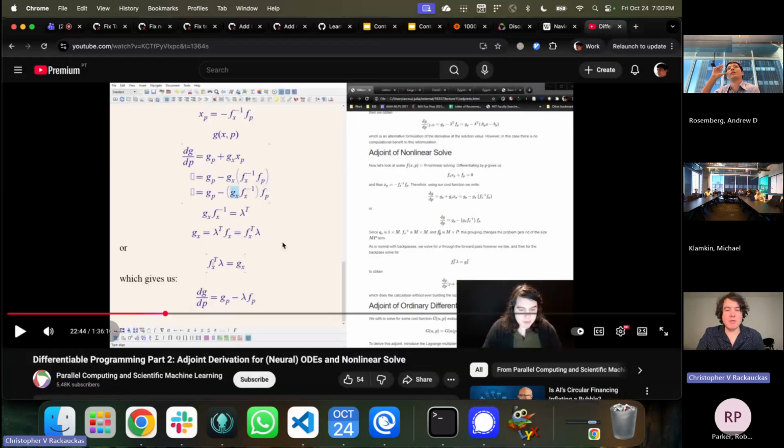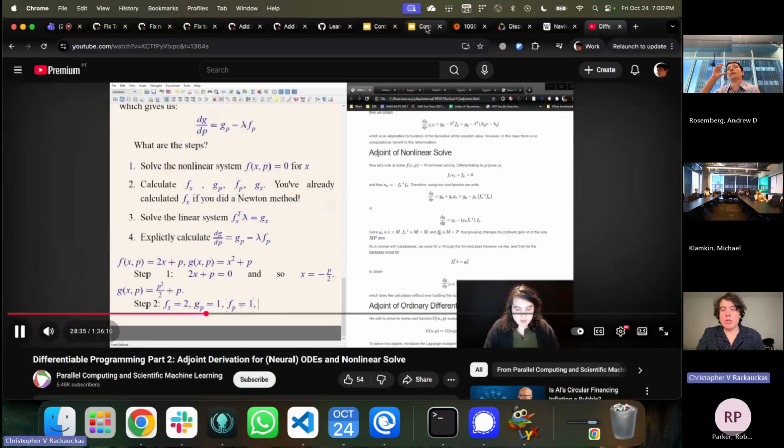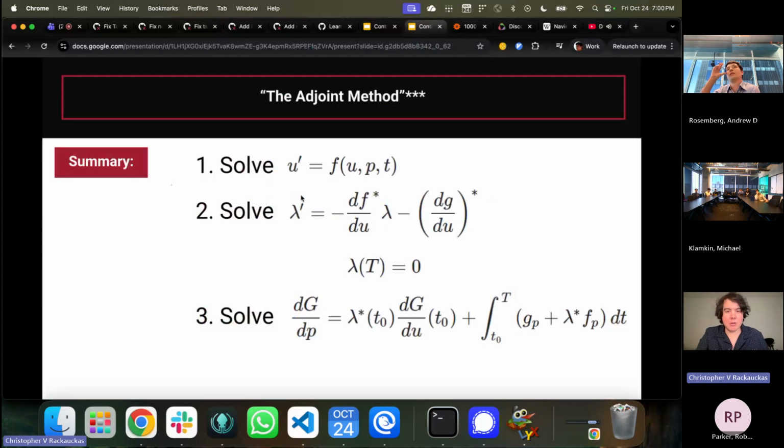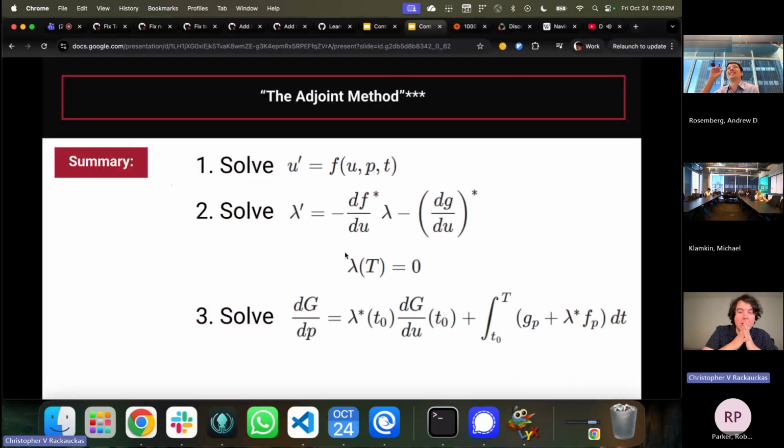So again, check out the video that goes into all the details of every single step here. But the point is that the way to calculate the derivative of an ODE solver is to solve a different ODE, which then gives you the derivative.